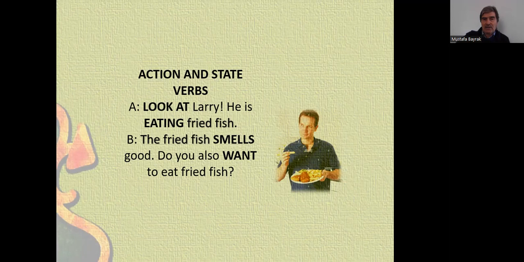Action. He is eating, so we can easily make continuous sentences with the verb eat because it is an action verb. B. The fried fish smells good. So this is the state of the fried fish. It smells good. It smells nice. It smells excellent.